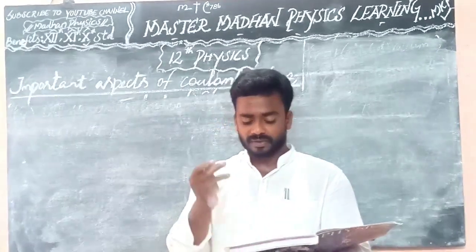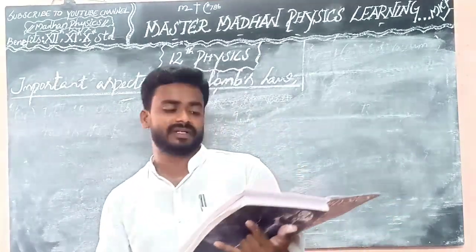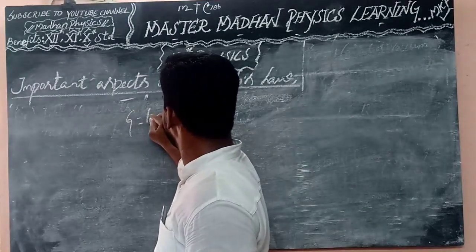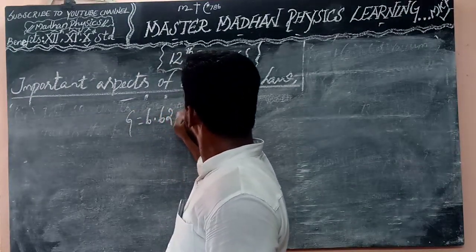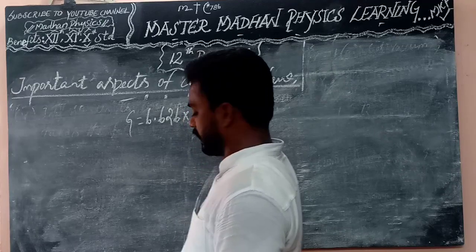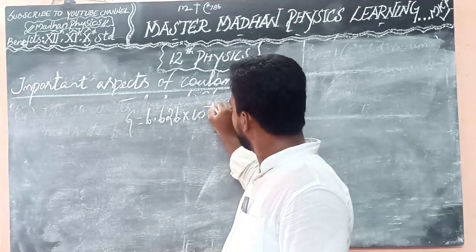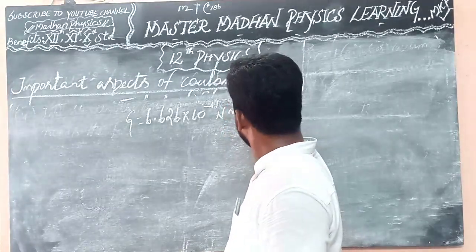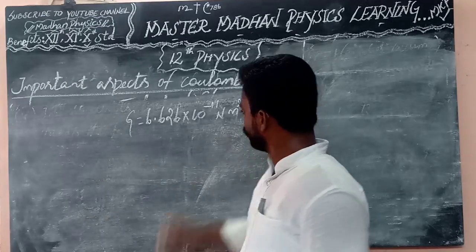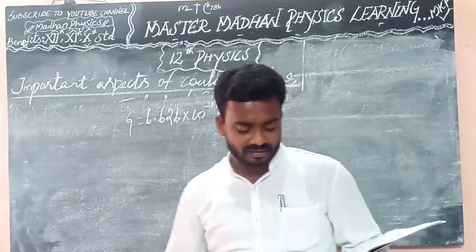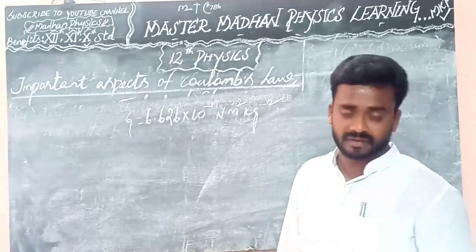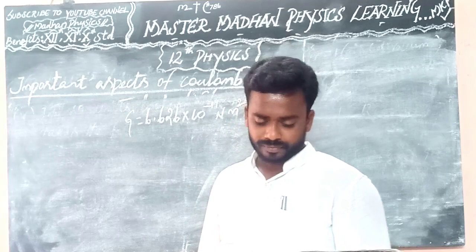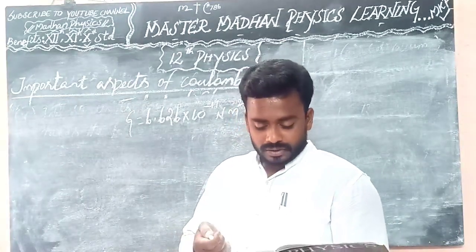Okay, next we know the value of the gravitational constant. What is that value? 6.626 into 10 power minus 11 Newton meter square kg power minus 2. So that is the gravitational constant. The value of the constant K in Coulomb's law, we know very well, is in Newton meter square Coulomb power minus 2.